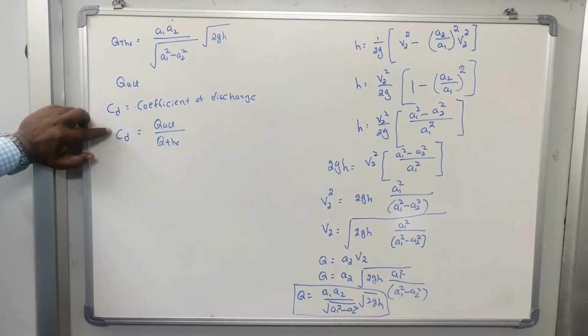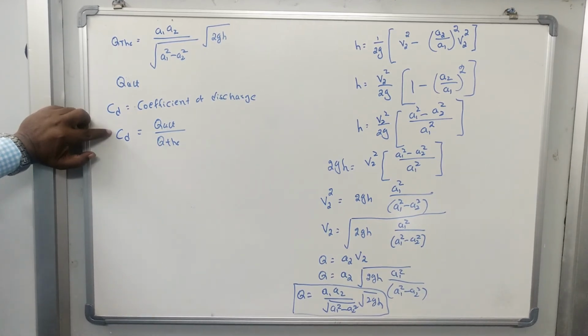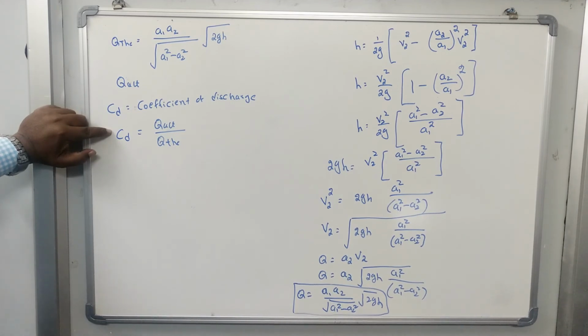Why are we supposed to use this CD, the coefficient of discharge? Because the mathematical equation is derived for the ideal fluid, and we are applying it to a real fluid that has viscosity. Because of that viscosity, you get some resistance to the flow. So actual discharge is not equal to theoretical discharge; actual discharge is always less than the theoretical discharge.